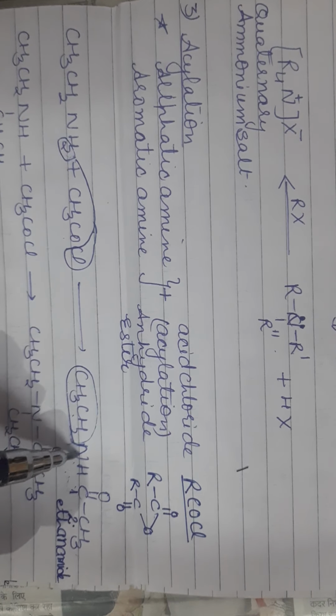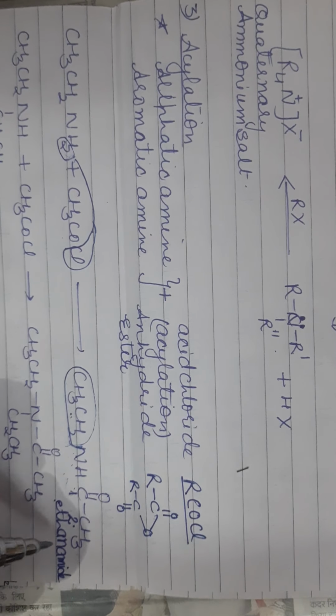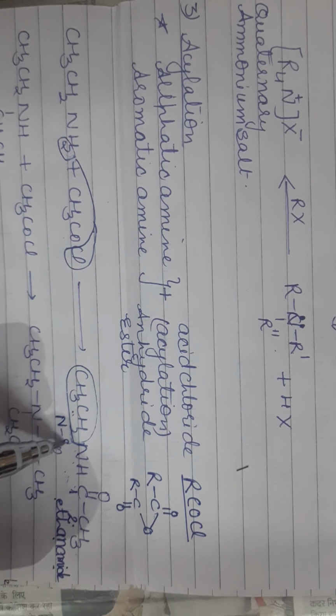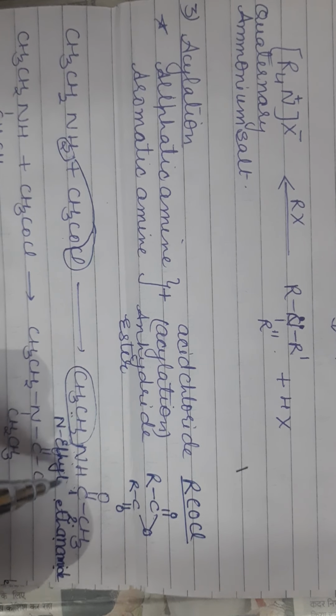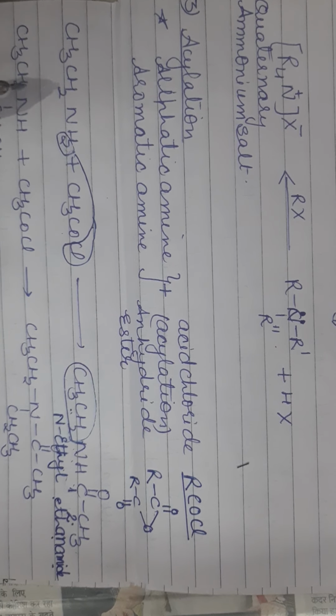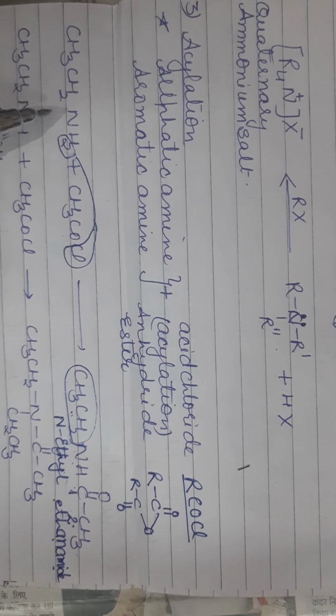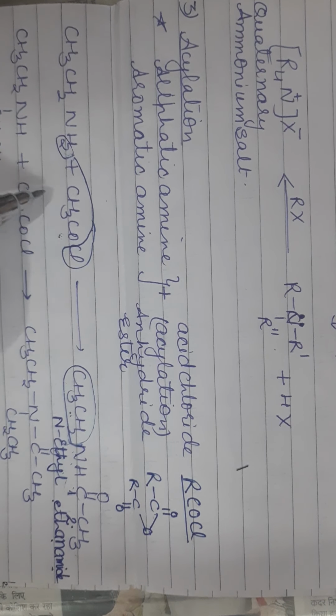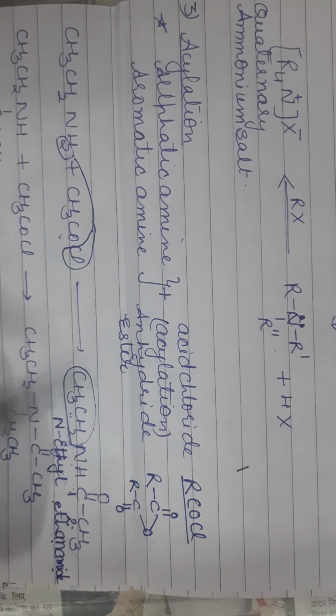This is called N-methyl ethanamide, or rather N-ethyl ethanamide. So on reaction of a primary amine with acid chloride, we get an N-substituted ethanamide.